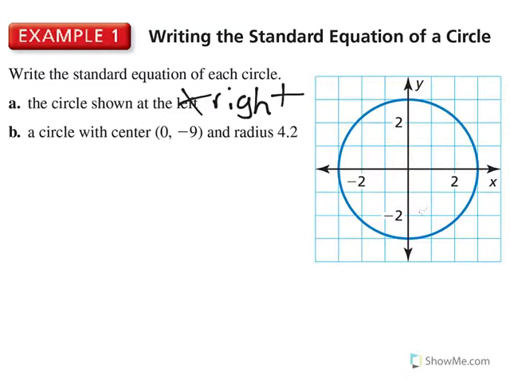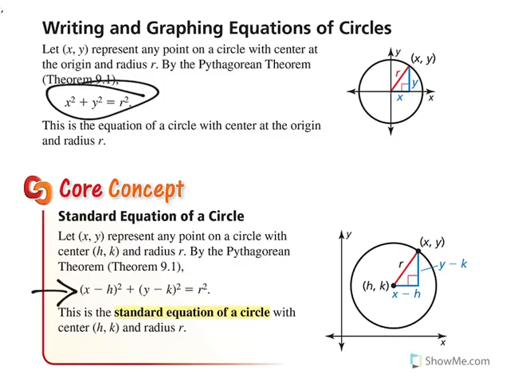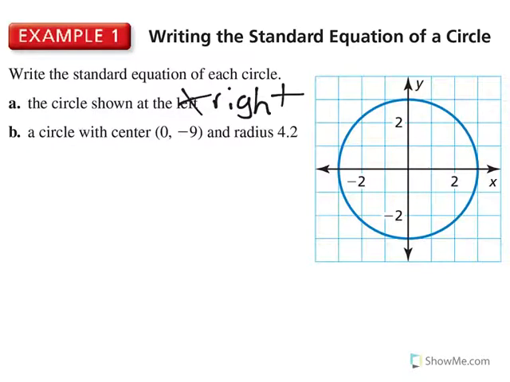Okay, so if we have a center at the origin, it follows our formula that we showed in the first part, okay, where we have x squared plus y squared is equal to r squared. So obviously r squared is our radius. So if we start to write that out, we have x squared plus y squared is equal to r squared. Well, when we counted that, we said it was 6 across the diameter.